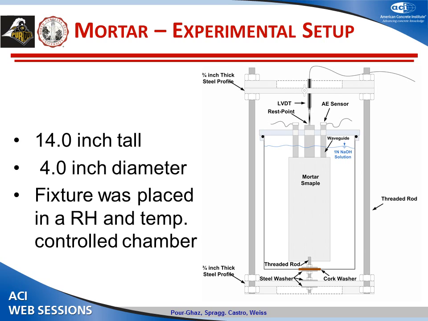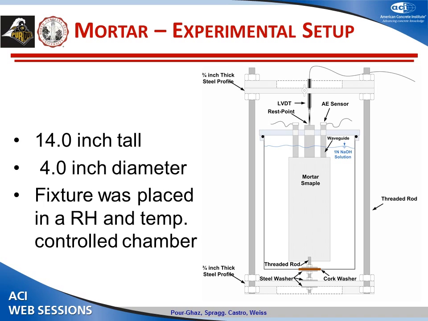The entire idea is that the acoustic emission sensor is made of aluminum, and if we put it inside one normal NaOH, it will probably disappear within a couple of hours. And we have another piece of steel on top of that where the LVDT sits, for simultaneous measurements of acoustic emission and expansion of the material.